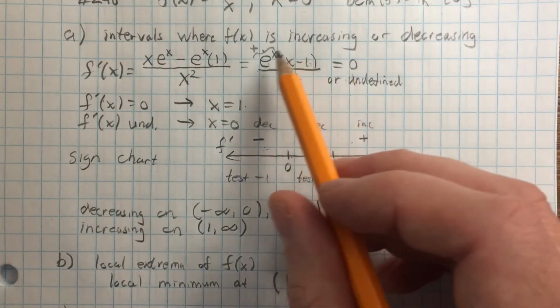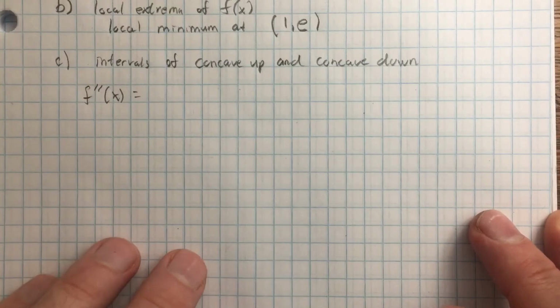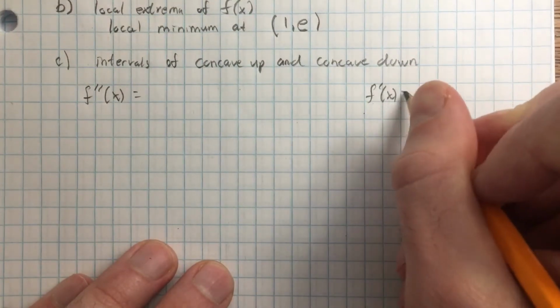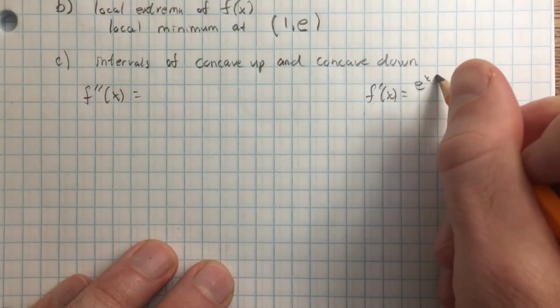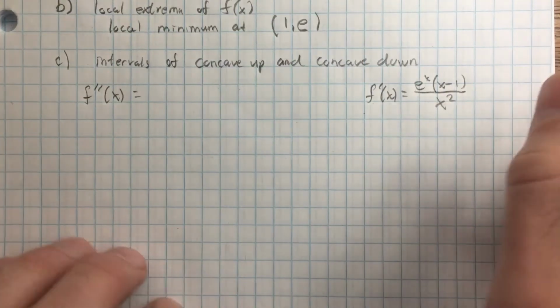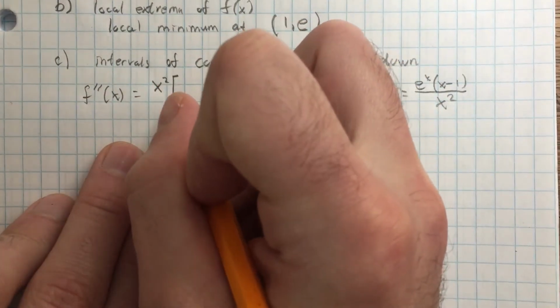So it's again a quotient rule. Okay? I'm going to write the first derivative down here just so we can look at it. It was e to the x times x minus 1 over x squared. Okay, moving through a quotient rule again, we'll have bottom times the derivative of the top.